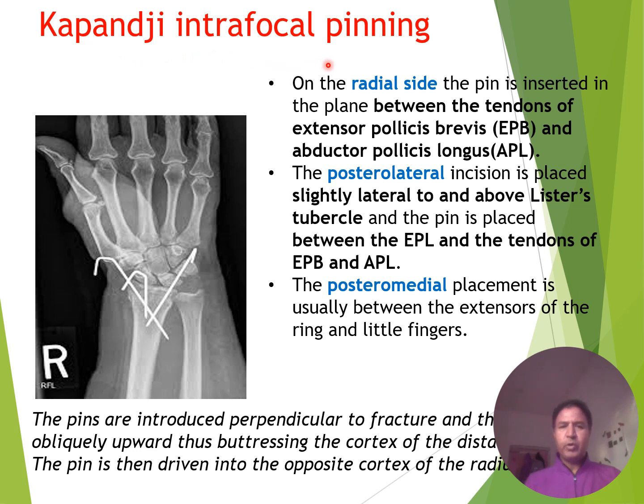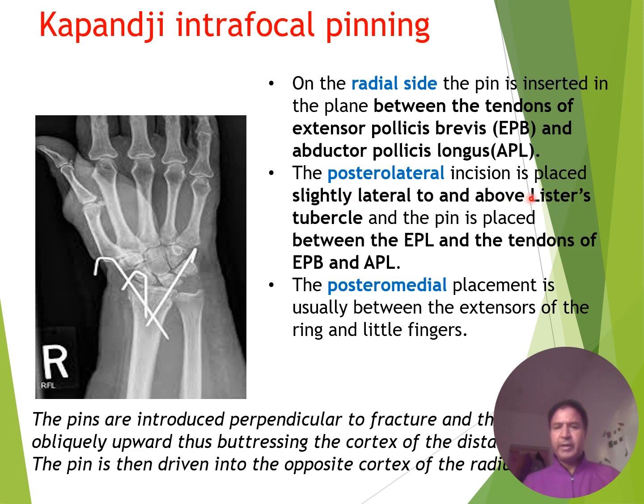Kapandji intrafocal pinning. On the radial side, you can see, this is called Kapandji intrafocal pinning. On the radial side, the pin is inserted in the plane between the tendons of extensor pollicis brevis and abductor pollicis longus.